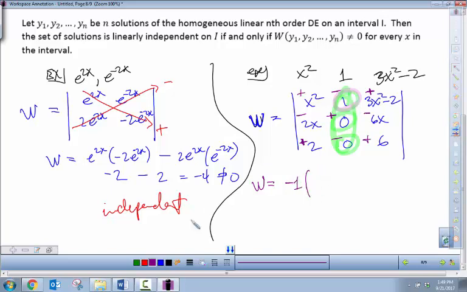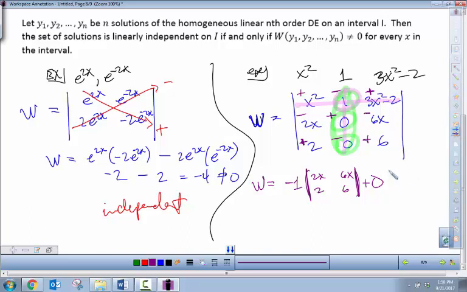times, and now what I'm going to do is cross out the row and column that it has, and then I'll take a look at what's left. I have a 2x, a 6x, a 2, and a 6. And then I want the determinant of that. So now it's a 2x2 matrix. And then next I would expand on the second number.